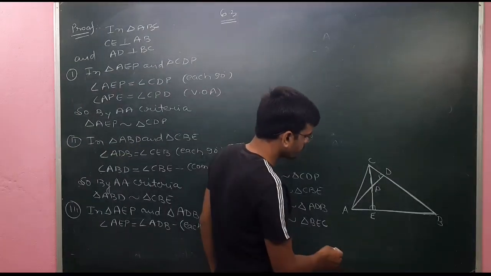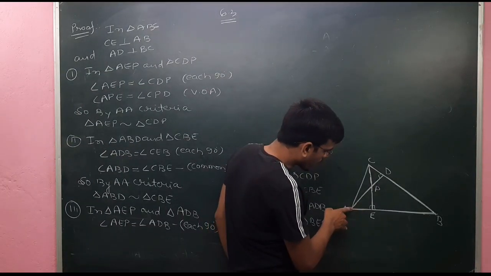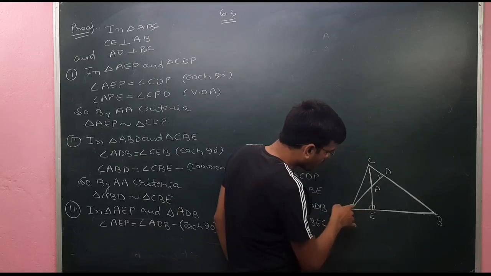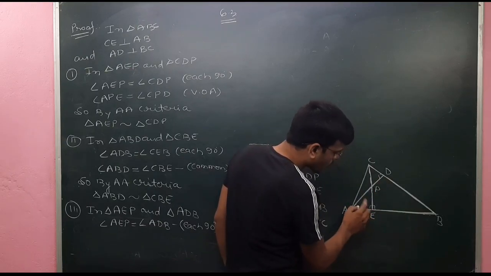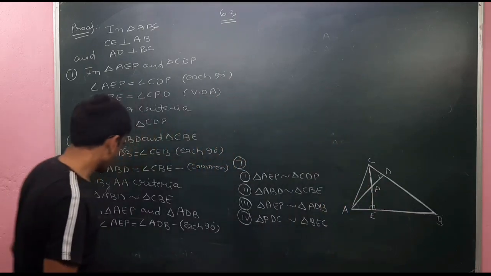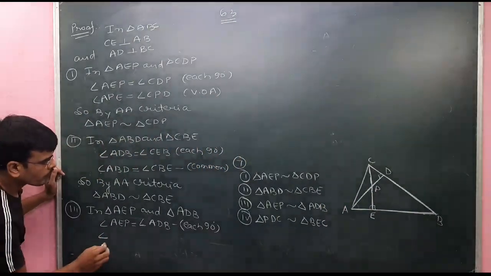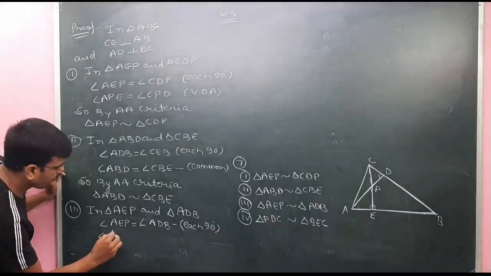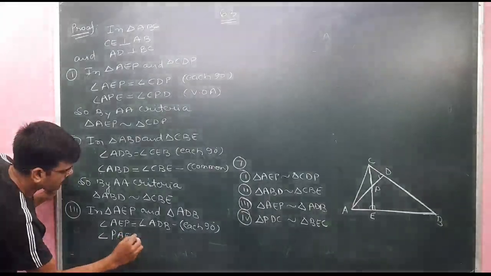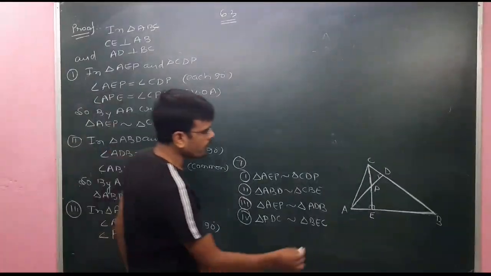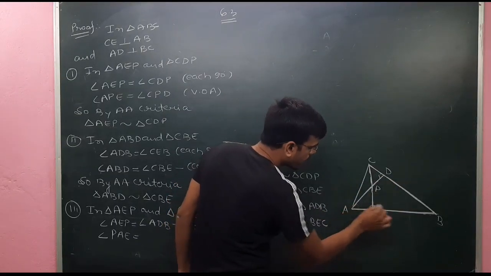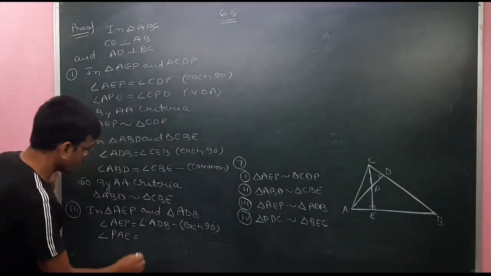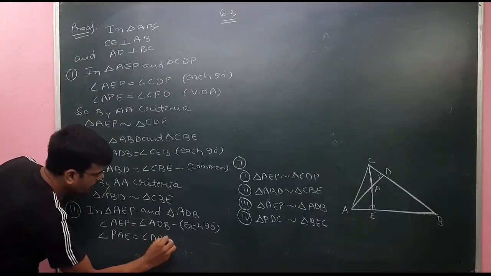And in triangle AEP and triangle ADB, angle A is common for both triangles. So angle PAE is equal to angle DAB.